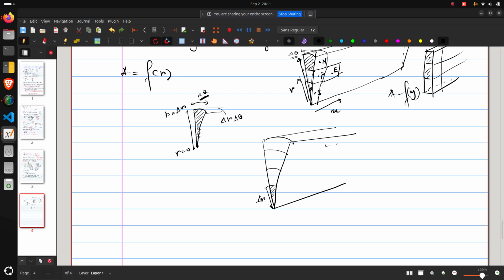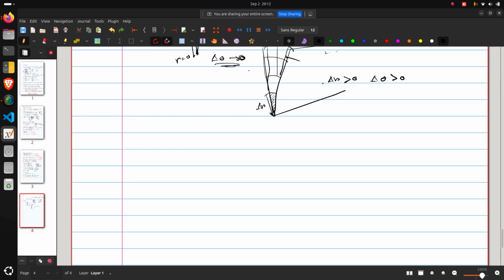Here there will be some finite area, no matter how small the delta r is, because delta r will always be greater than 0, and delta theta will also be greater than 0. If delta theta becomes 0, then this will shrink and become a line. But in our case, we don't have delta theta equal to 0.